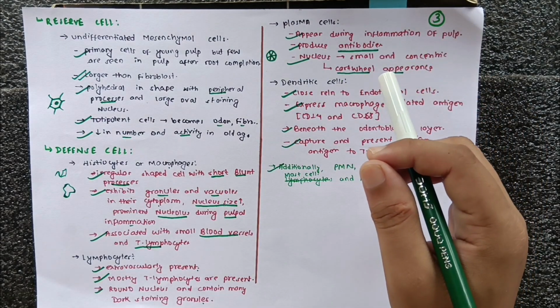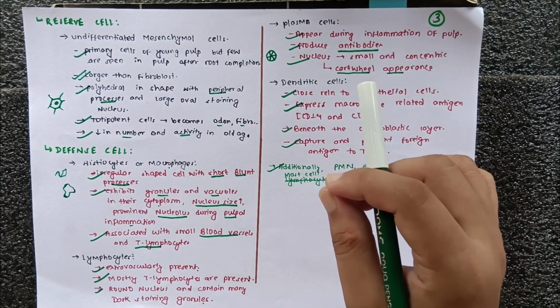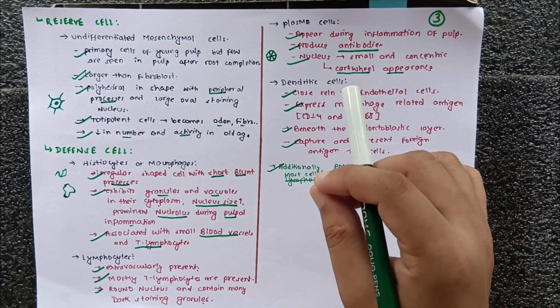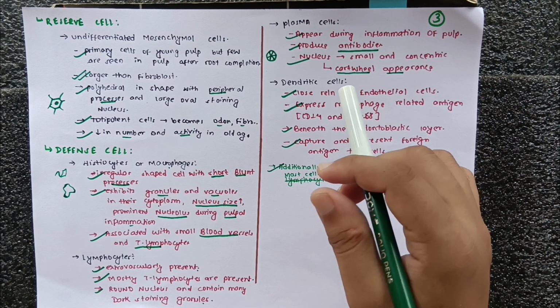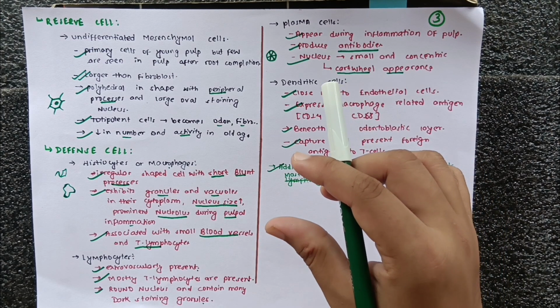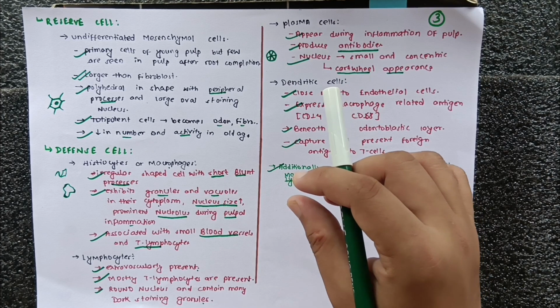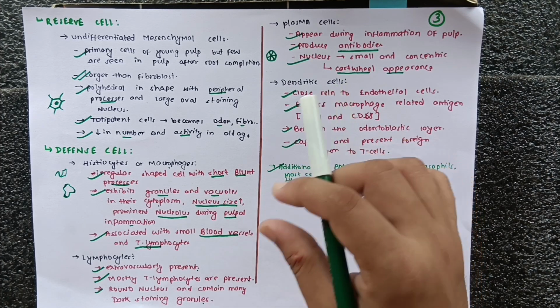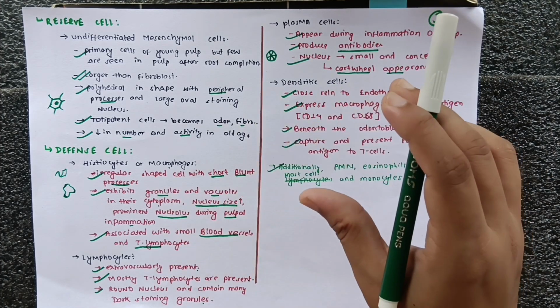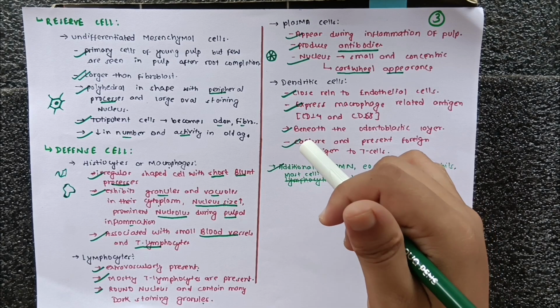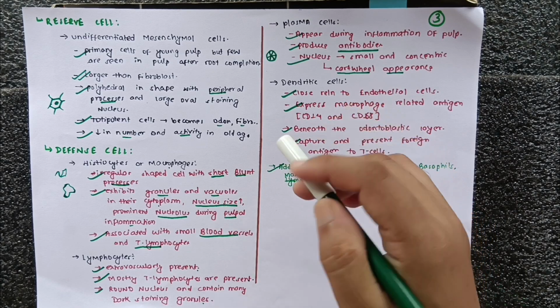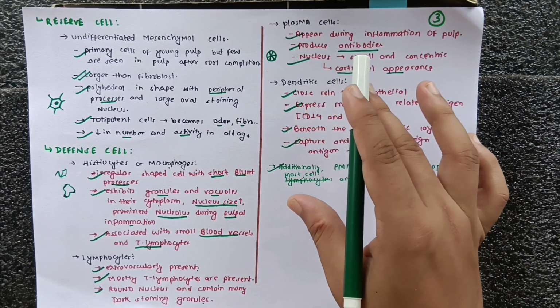So you shouldn't be worried about any of the topics in this chapter. Go through the notes properly, read all the points, and I am trying to discuss all the points in the video. So once watch the video, read the notes, and be properly clearing all your concepts in that chapter.